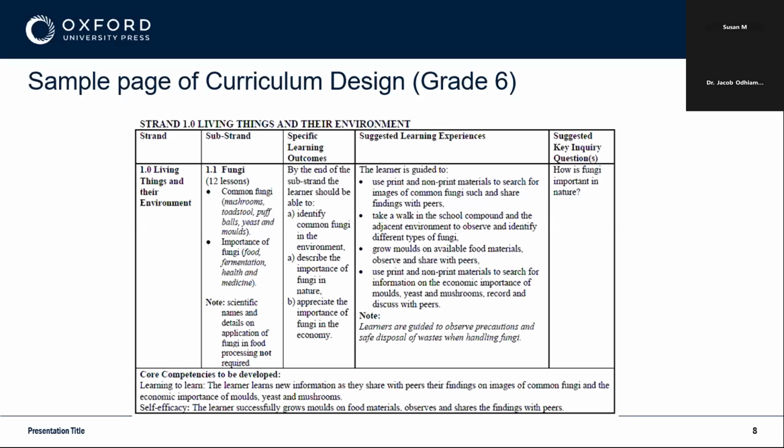Then PCIs in the lesson plans. Again, I said the format of the lesson plans is given by the officers on the ground, the quality assurance officers and the KICD. If they require you to indicate PCIs in the lesson plan, then go by that. If it's not required, then please have them in your notes, because they are the teaching notes.